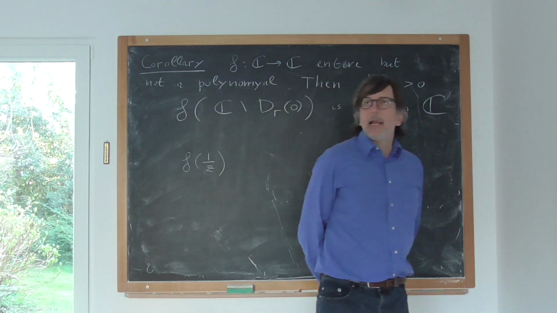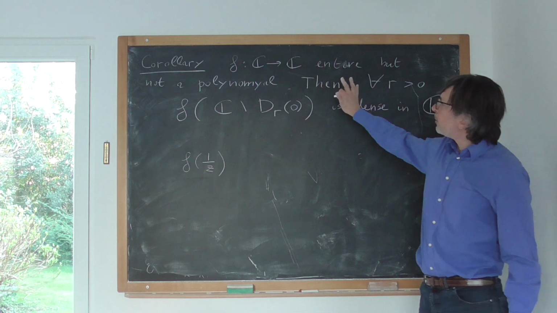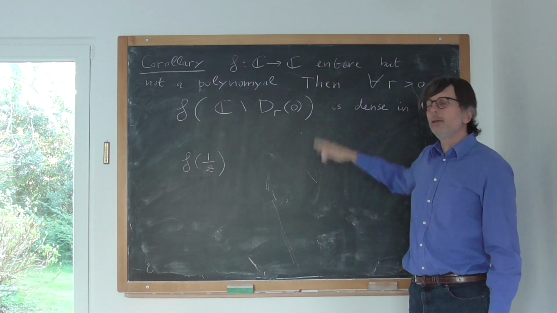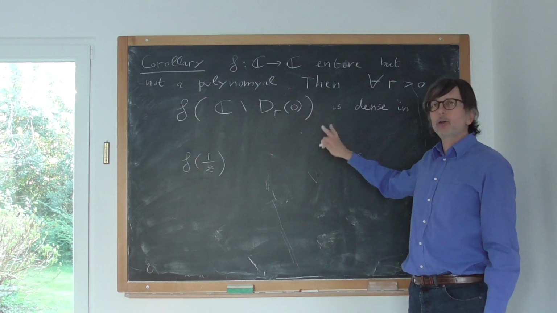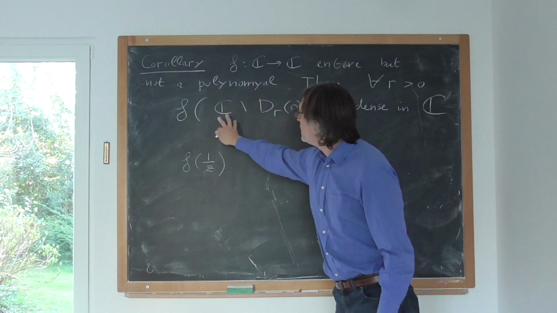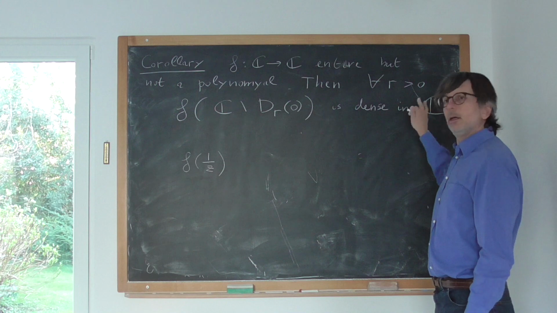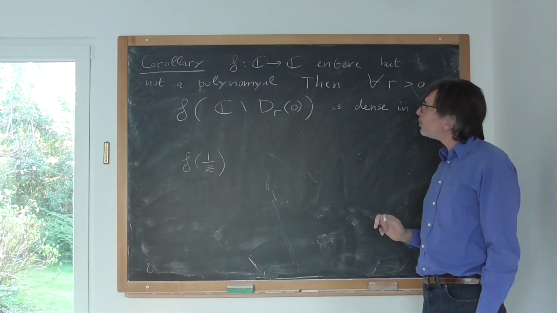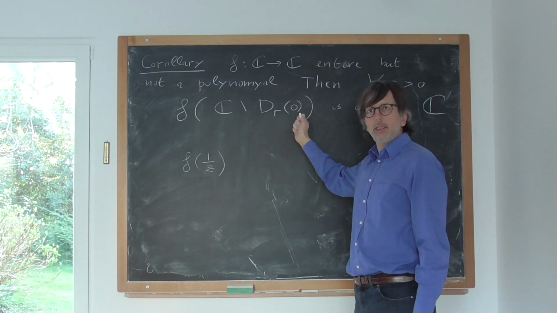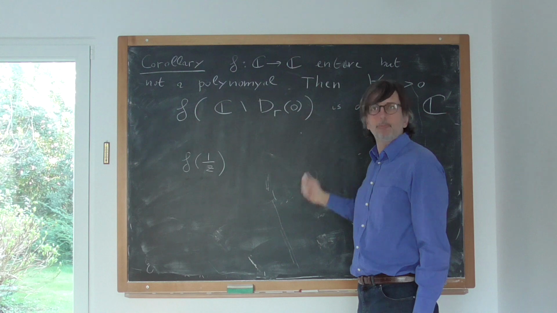Okay, let me conclude this lecture just by mentioning that this theorem, the Casorati-Weierstrass theorem, and its corollary, are actually not the end of the story. One could actually say more about this set. This set is not only dense, one could actually prove that this set is either the whole C or it's C minus 1 point.